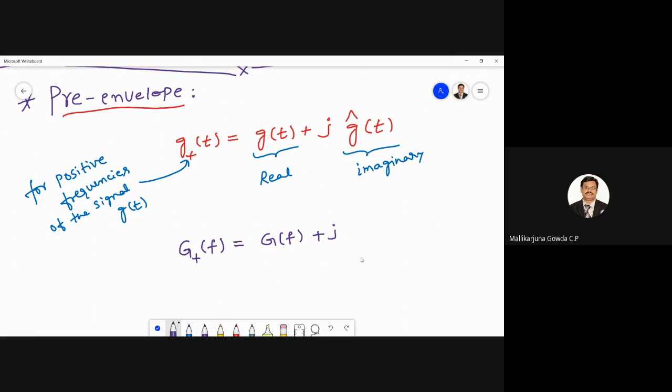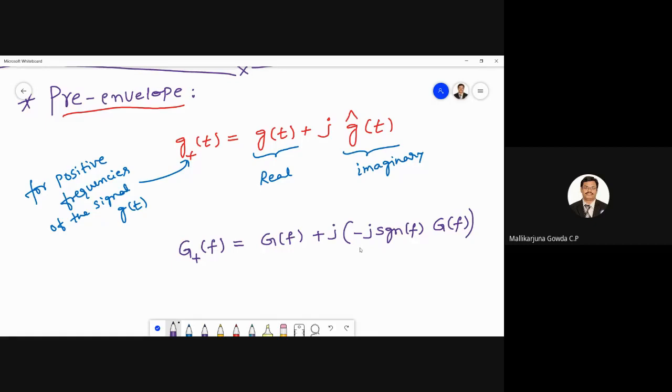What is the Fourier transform of g hat of t? The Fourier transform of g hat of t is G hat of f, which is equal to minus j sgn of f into G of f. Yes or no?